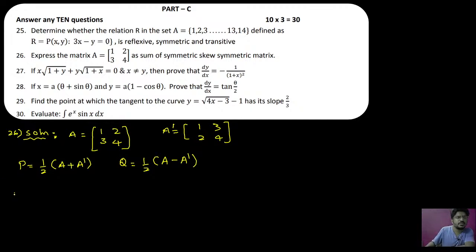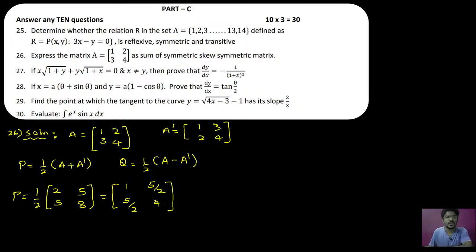You write A plus A transpose directly. 1 plus 1 is 2, 2 plus 3 is 5, 3 plus 2 is 5, 4 plus 4 is 8. This will be equal to 1, 5 by 2, 5 by 2, 4. So this is your matrix P.